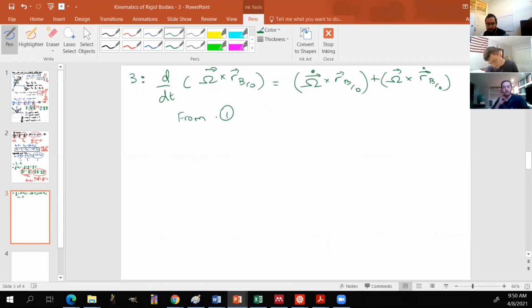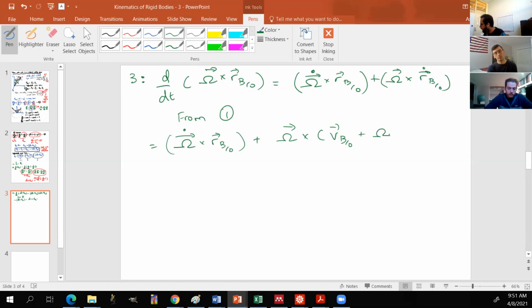From that expression, what you end up getting is omega dot, which some people call alpha as well. That's your first term. Plus, you get omega crossed with the velocity of B relative to O. I'm just writing out what R of BO dot is. So you just get V of B relative to O plus omega crossed with R of B relative to O.